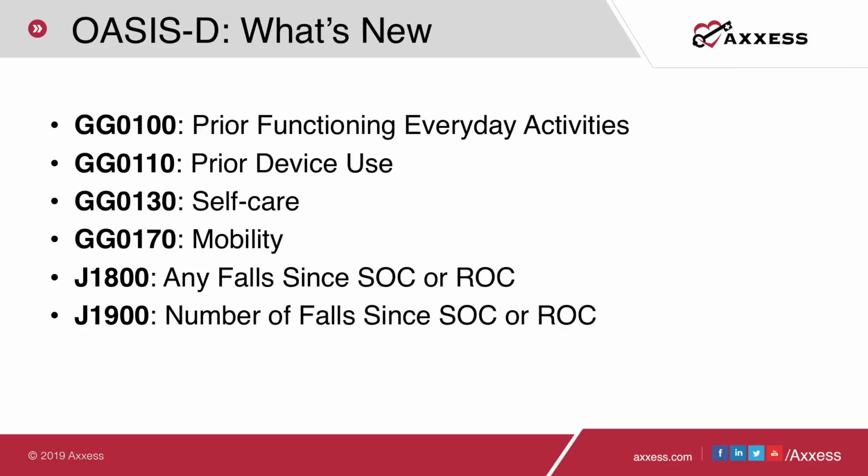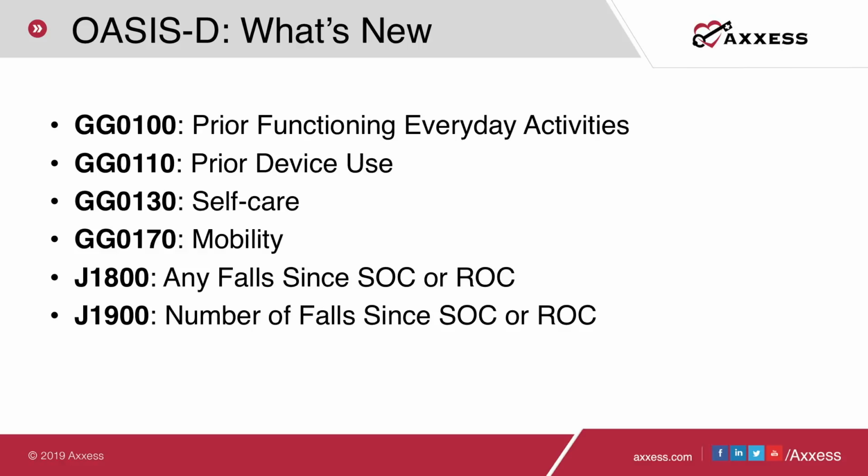So specifically, the items that have been added: we've got GG0100, prior functioning everyday activities; GG0110, which is your prior device use; GG0130 is self-care; GG0170 is mobility, and that's a very big, long, lengthy question.